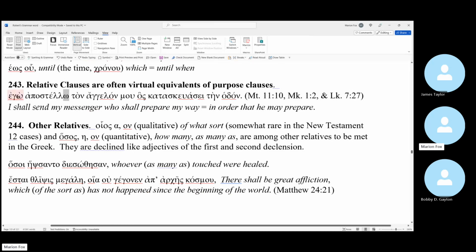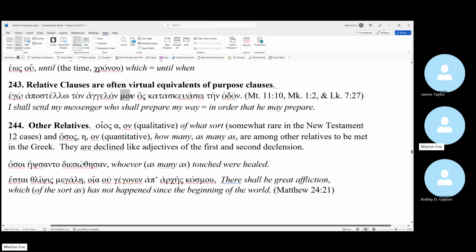And so this is emphatic: I, even I, the apostle, and it's a messenger who shall prepare my way. Who, he, and this is who shall prepare the way of me.